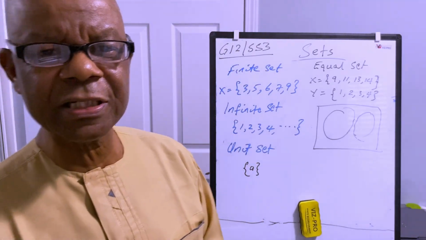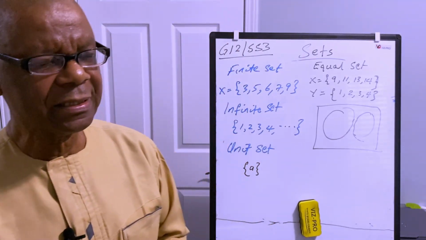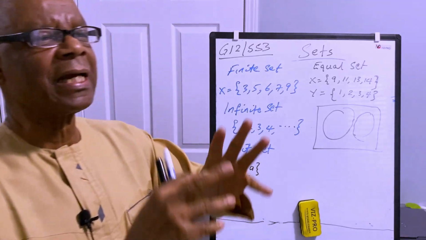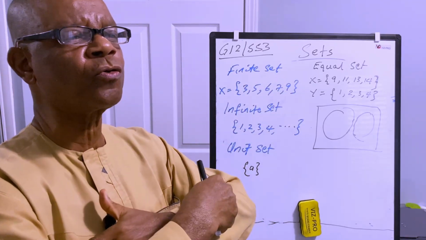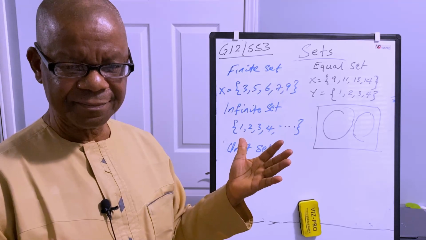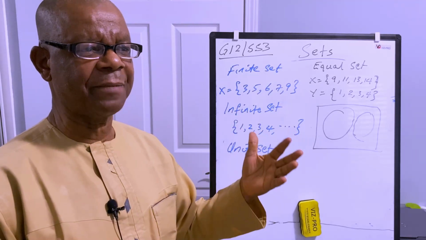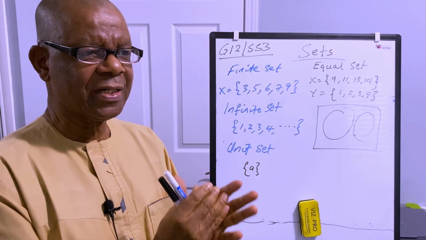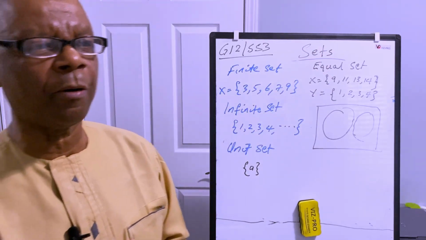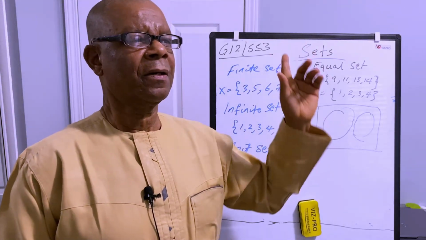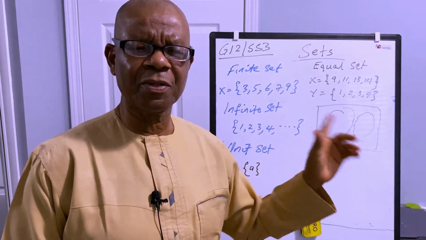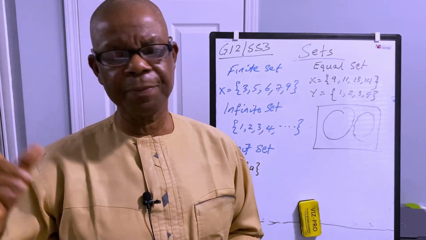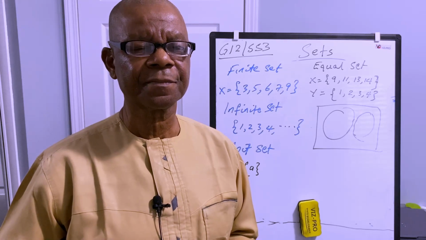I hope you still remember what intersection is. Intersection is those elements that belong to two or more sets. For example, in a sports club, somebody who plays football and also plays table tennis.